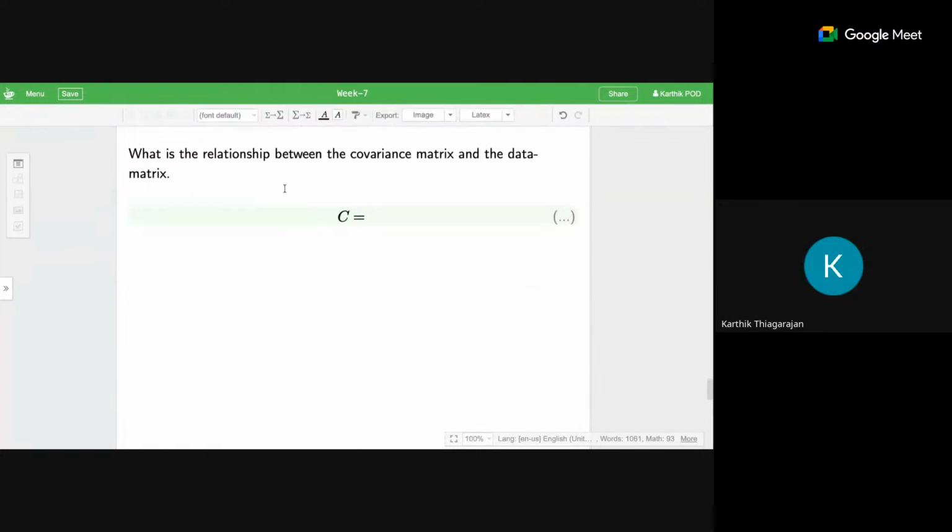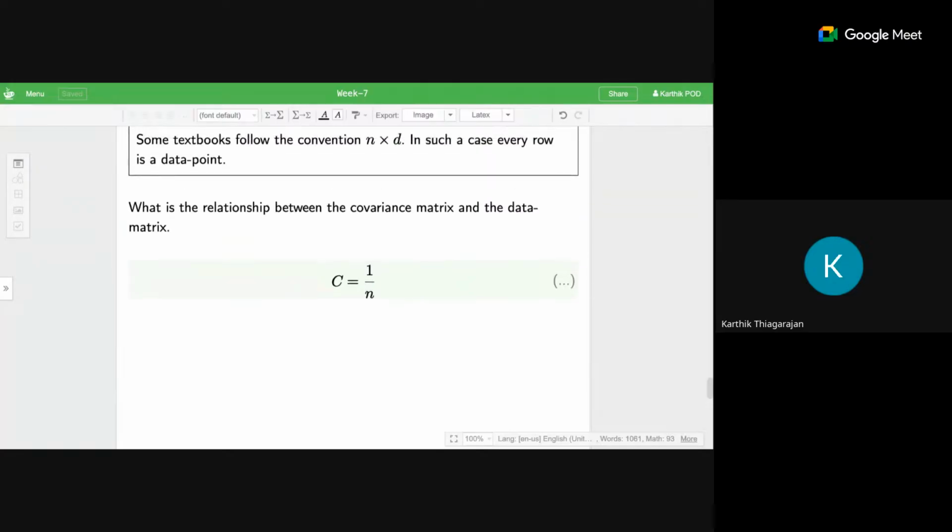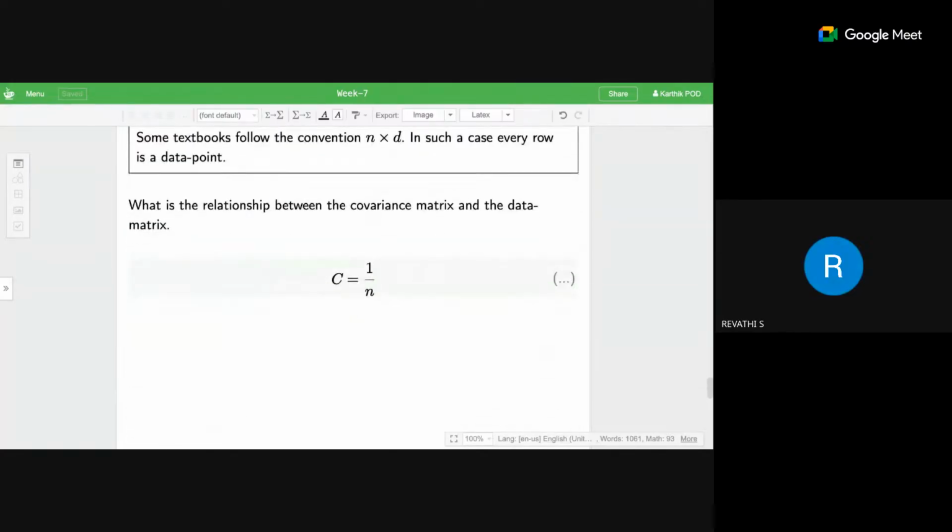So what is C? What was the formula for C? 1 by n into... Do you remember the formula for C? Summation xi xi transpose, yeah. So this is for all the n data points, xi xi transpose.